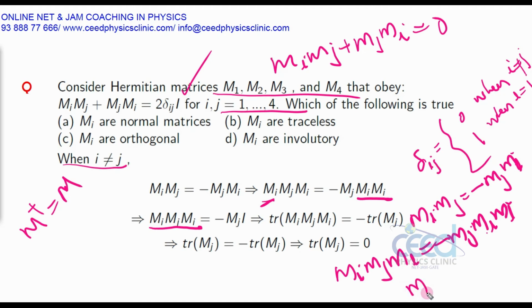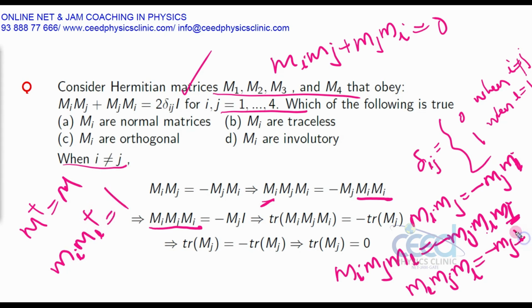So MiMjMi is equal to minus Mj into, for a Hermitian matrix, Mi Mi dagger. What is Mi Mi dagger? That is equal to 1, so this part will be I.